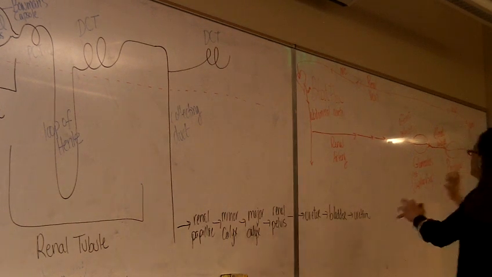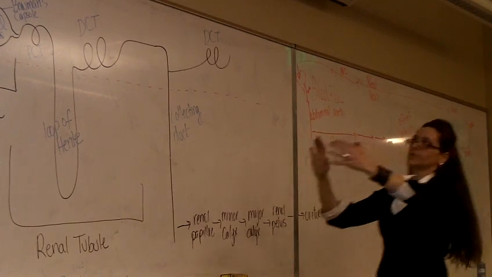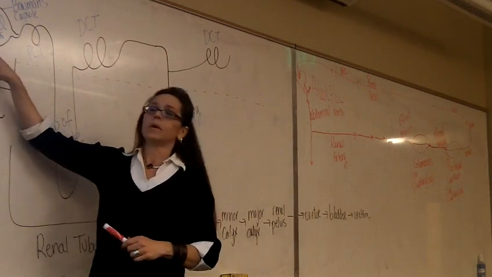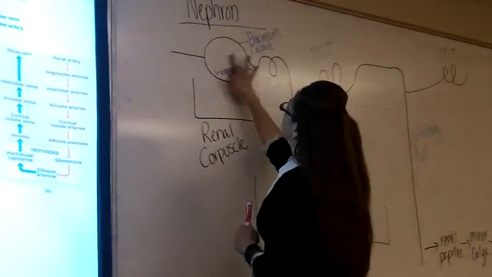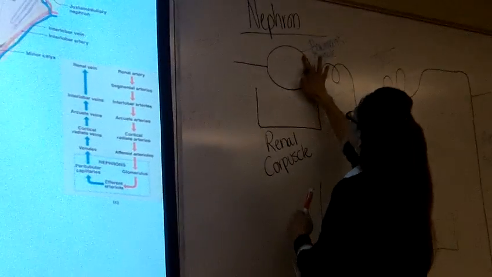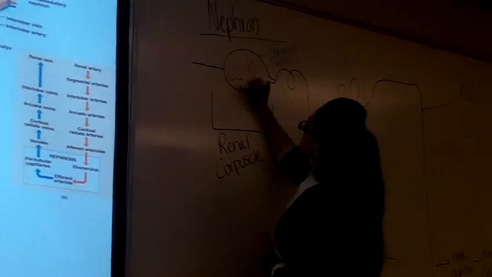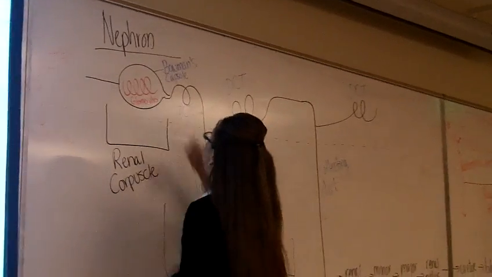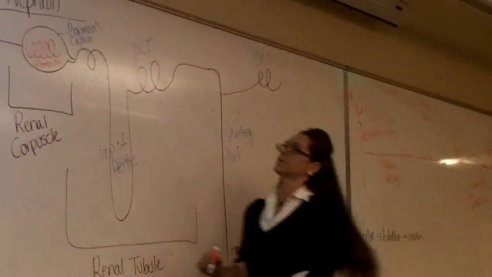So, if we take this blood flow here and now put it in reference to our nephron, we've already put our glomerulus up here. So we said our glomerulus is in Bowman's capsule. And we said bringing blood into the glomerulus comes in through the afferent arteriole.